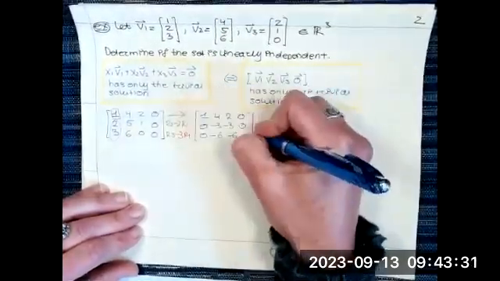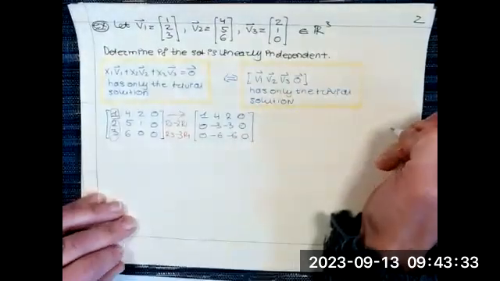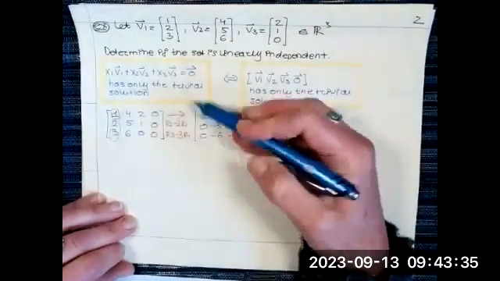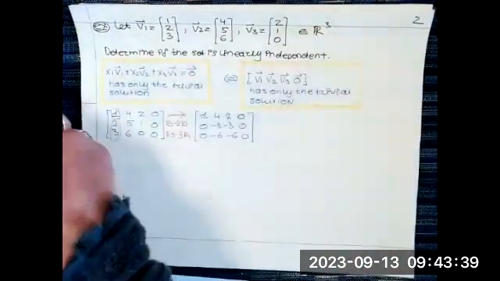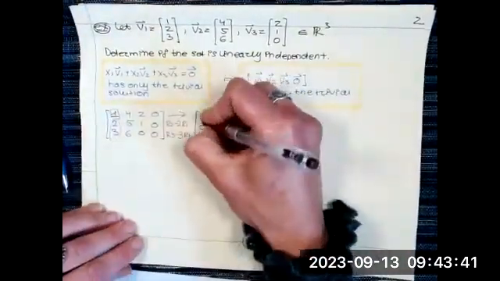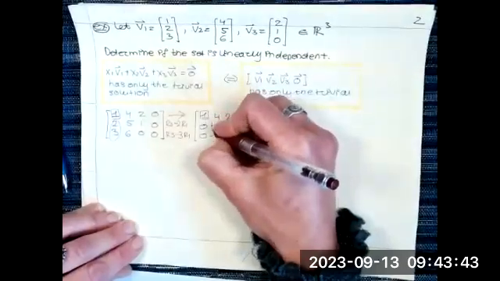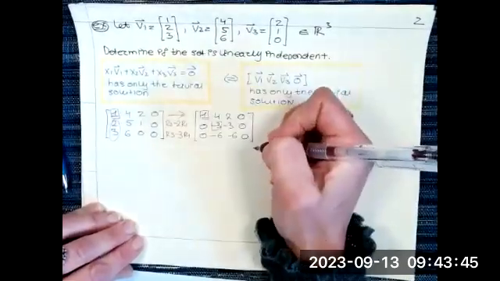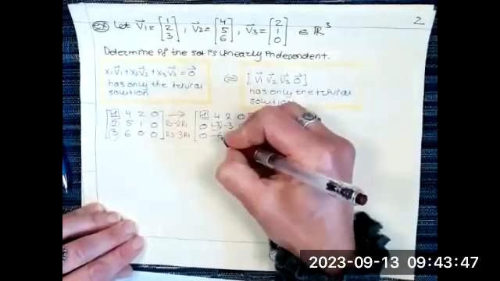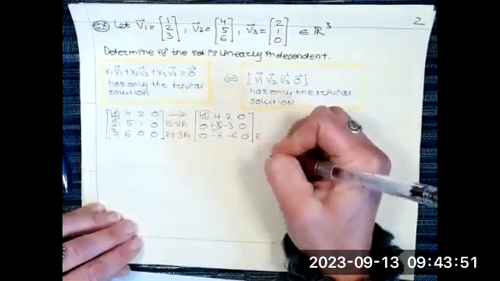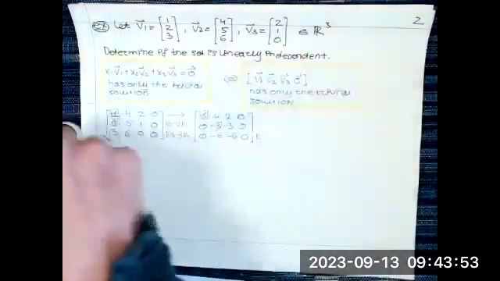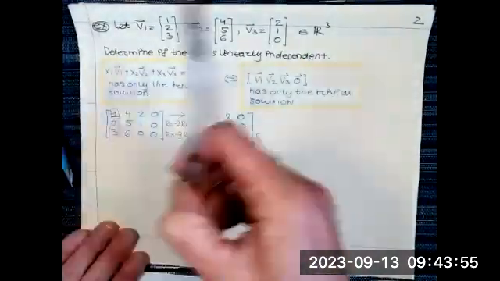Just like what we did before, I'm solving my augmented matrix by performing elementary row operations. Next, I have my first pivot column and my second pivot column, so I want to eliminate this minus 6. Maybe I'll rescale first so it's a little bit easier.